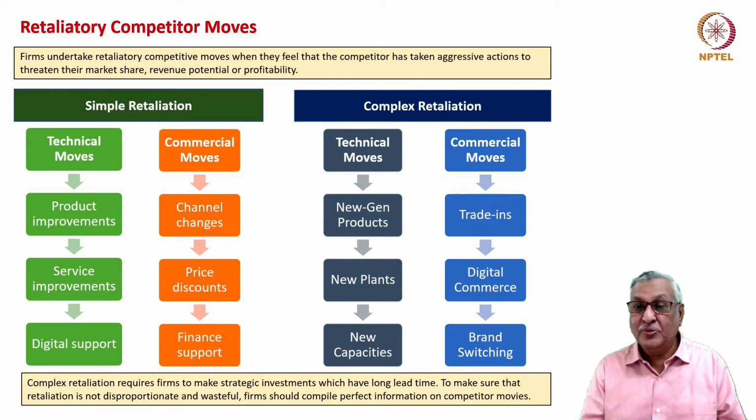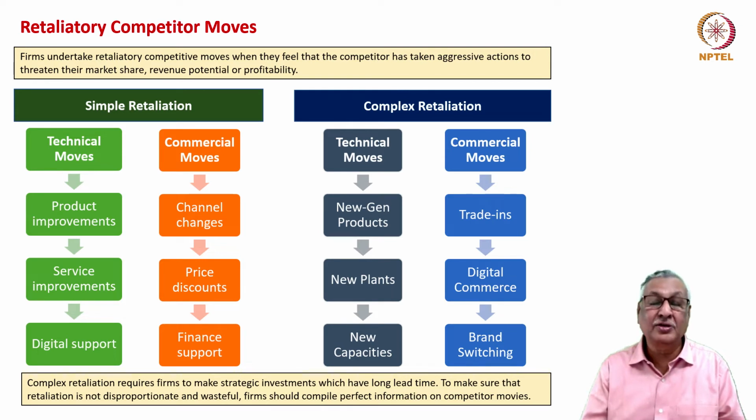You can set up new plants to take capacity ahead of demand increase, and those capacities would help market share growth. Commercial moves could be trade-ins, that is, you may say that every product will be sold once an old product is offered. So it helps the company to retain its loyal customer base, but also take the products from other loyalties and get into that market space.